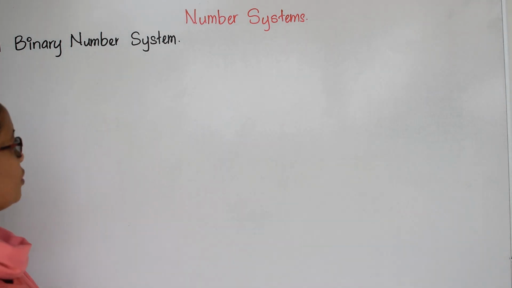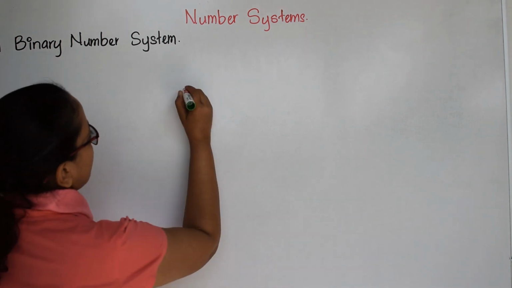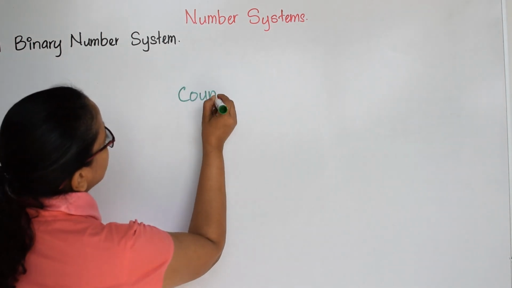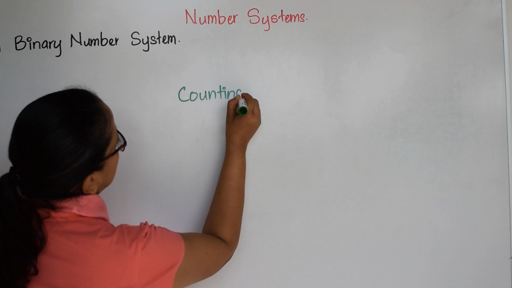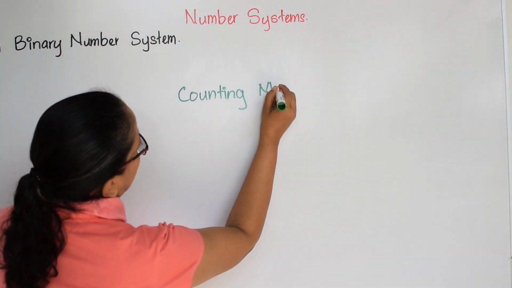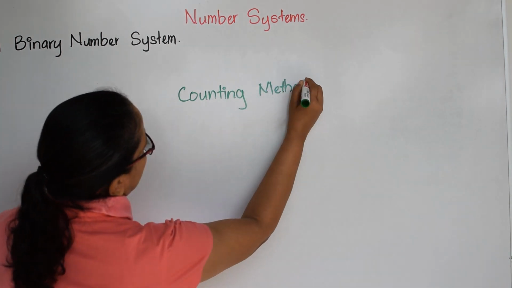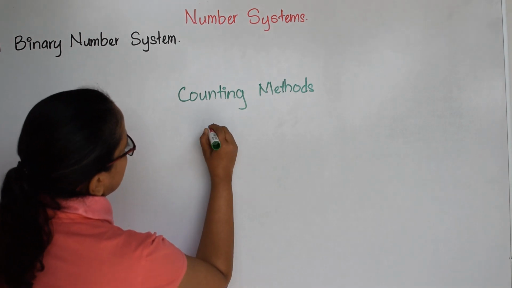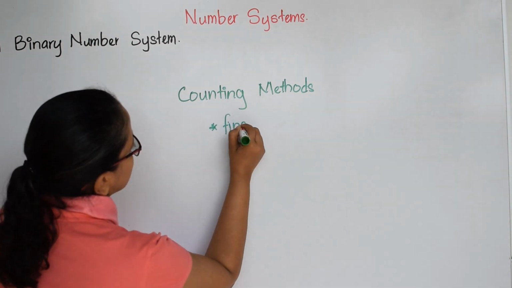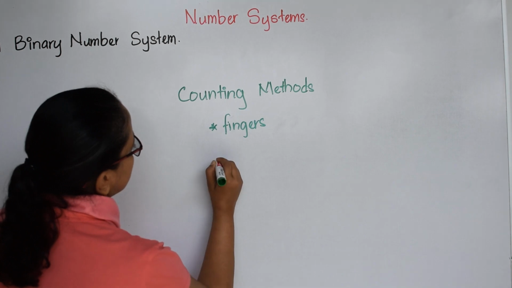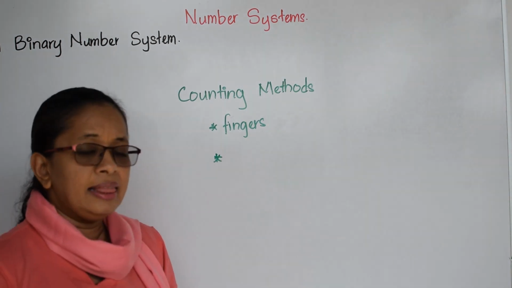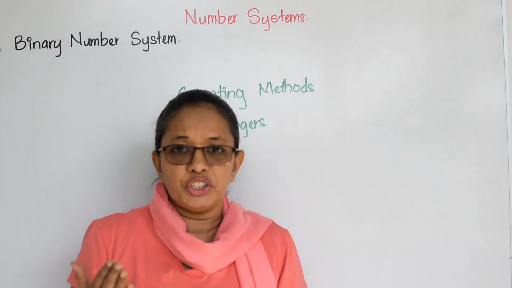So let me write them down for you. Counting methods those people were using. Initially, it was fingers, the body parts. Then the other methods that they were using, such as stones.